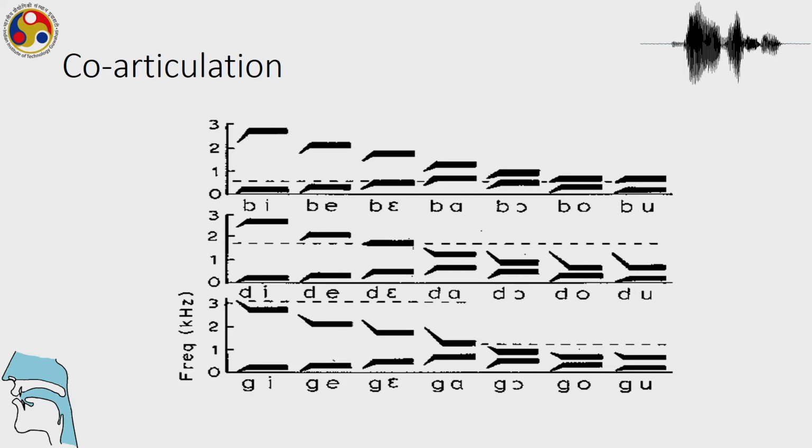Across 7 vowels we see the formant transitions for 3 different consonants. The formant transitions that designate the consonant, where the formant changes over from the consonant to the vowel, can be longer or shorter, or move in different directions depending on what the following vowel is.